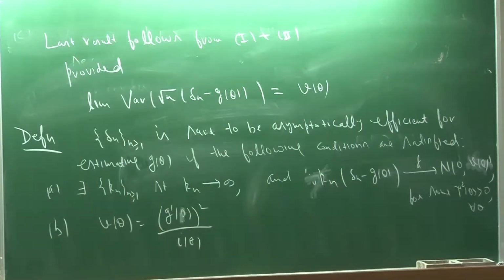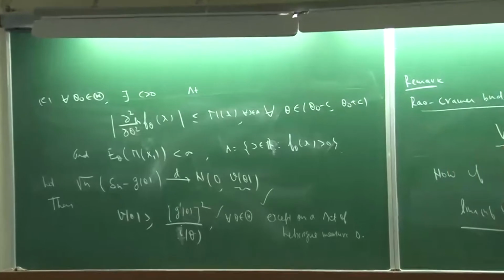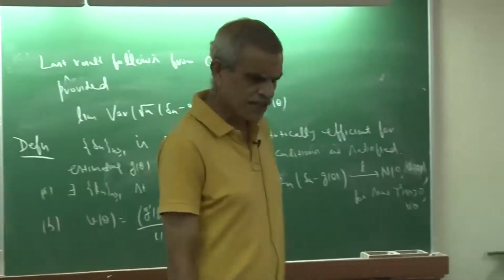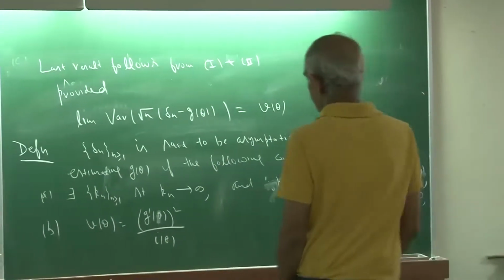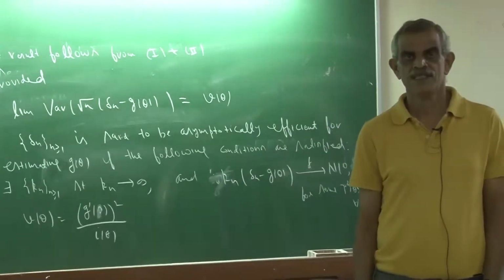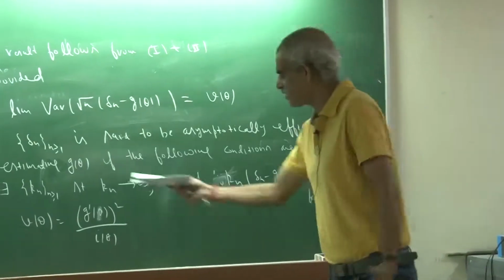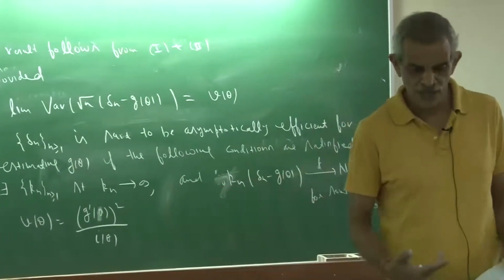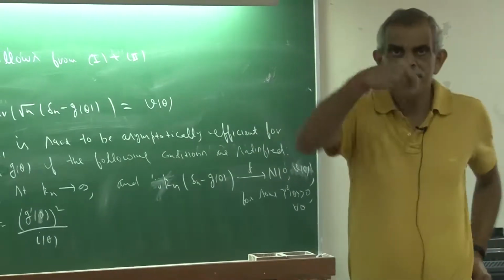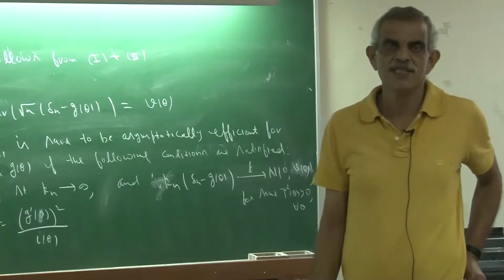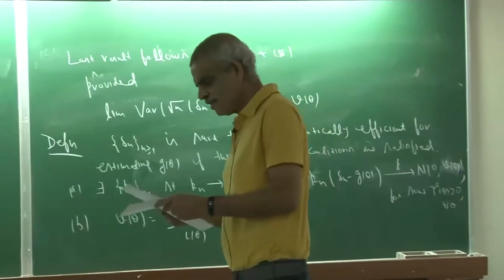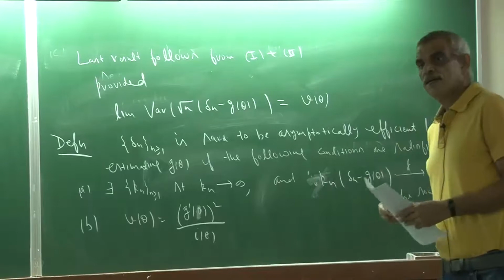But this result holds under certain regularity conditions. So this suggests that in many situations an asymptotically efficient estimator exists, but there is no guarantee that one exists. If you can find a situation where such a thing holds, for which you will have to ensure that those regularity conditions are satisfied, I can outright pick the most efficient estimator in the asymptotic sense, the way you do it for the Cramer-Rao bound.